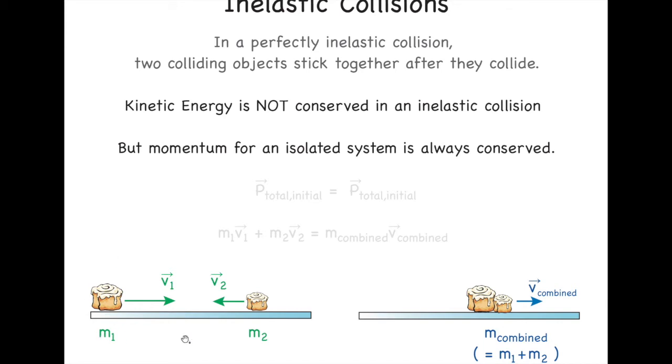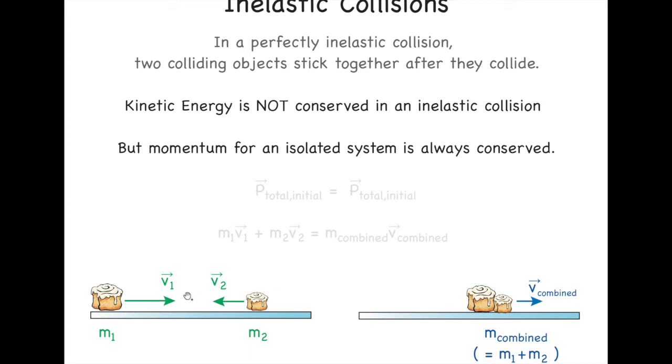So the question is, have we defined an isolated system here? The only things that possibly interact are the two sticky buns and the surface on which they're sliding. But if we assume that the surface is frictionless, then we only need to consider the two sticky buns.